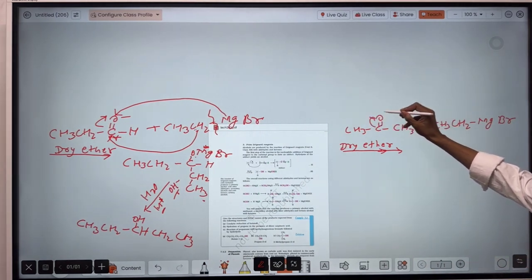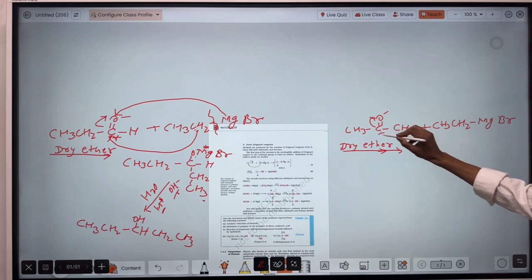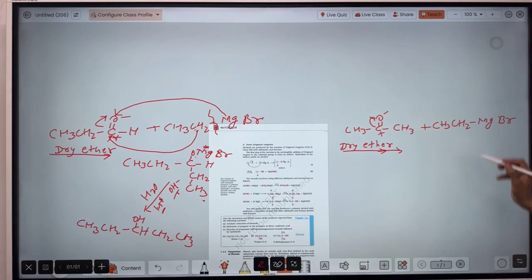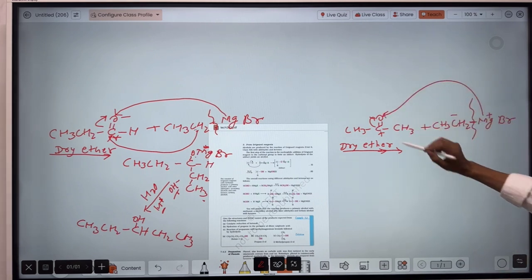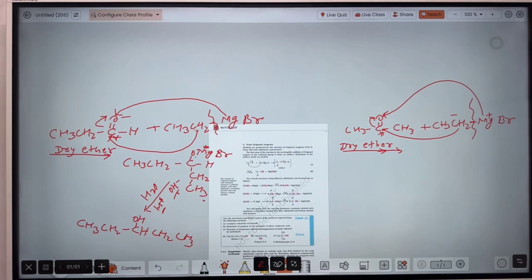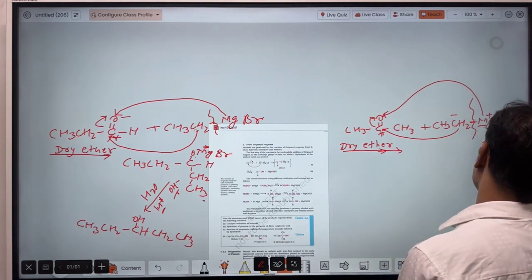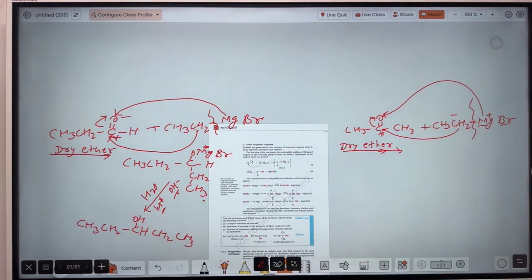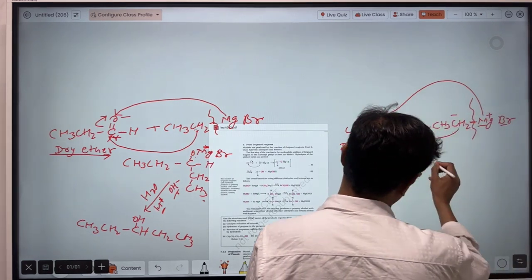Oxygen here will take electrons, so here is a negative charge, and this carbon will have a positive charge. Here there is covalent bonding between carbon and magnesium, so the bond will dissociate from here. Magnesium is the positive part and carbon is the negative part. So magnesium will go towards this oxygen and this carbon will go towards this carbon. Along with magnesium, the bromide ion will also go there. So the compound becomes this.